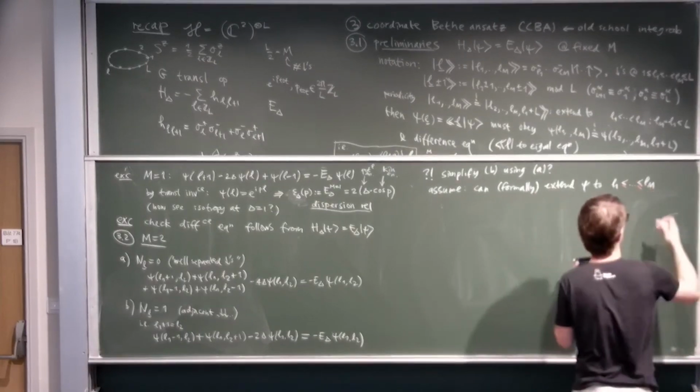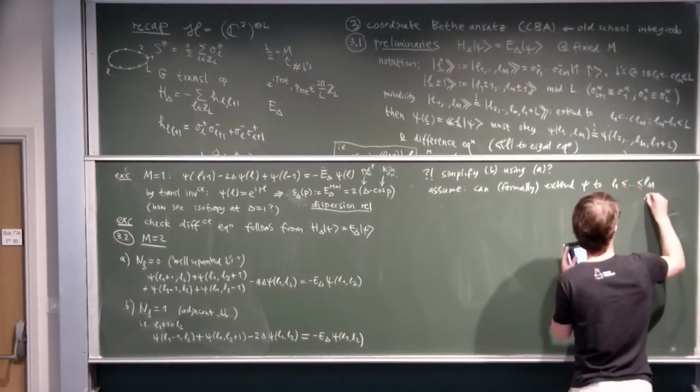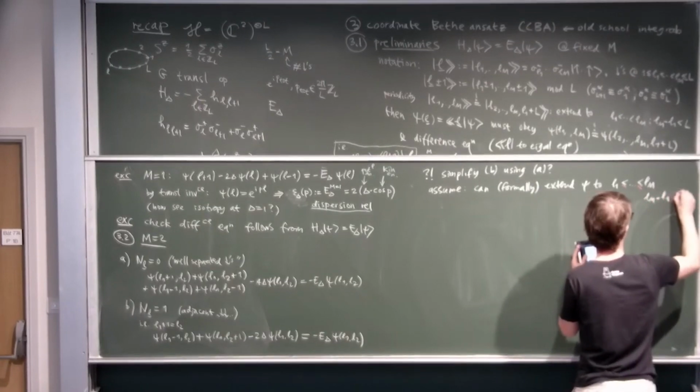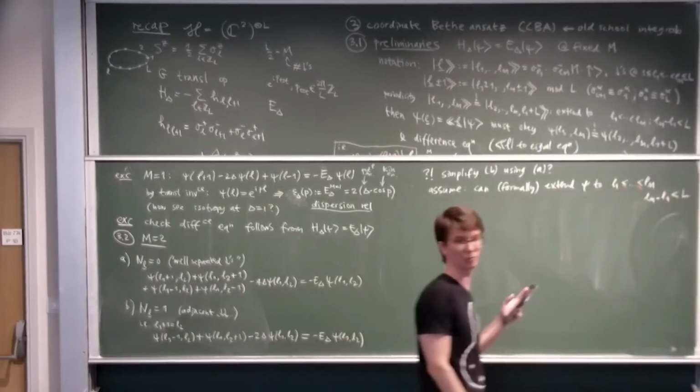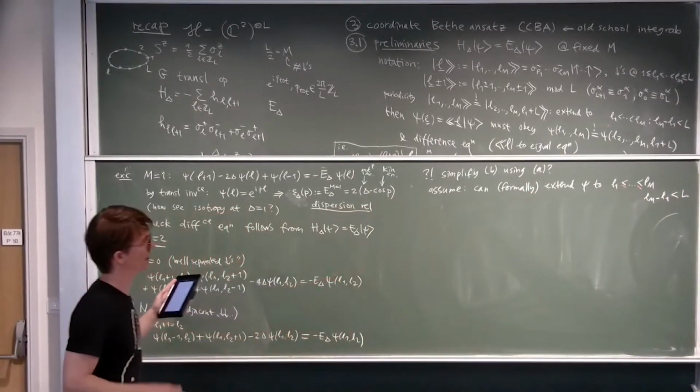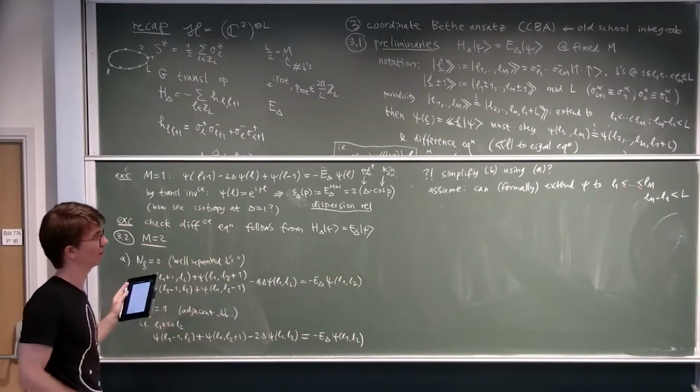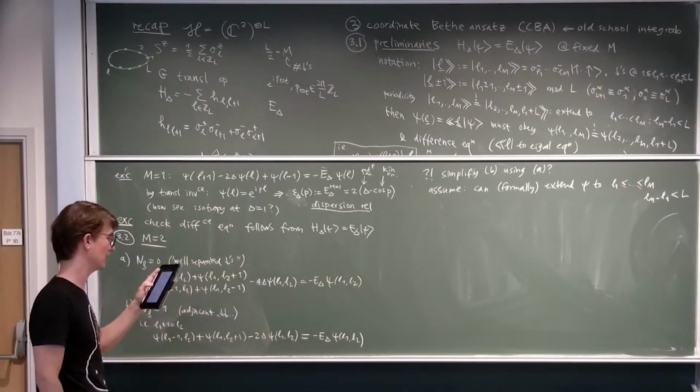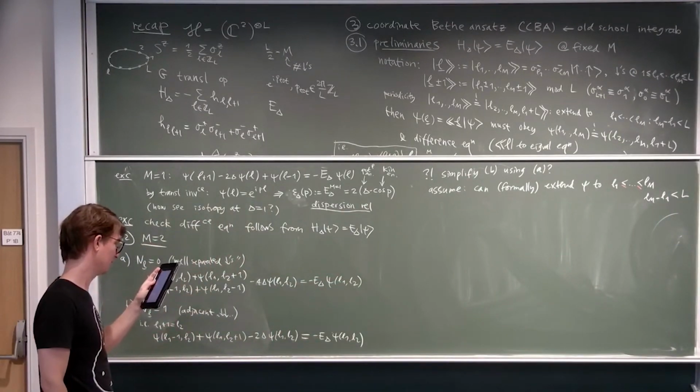Of course, we still want our restriction that Lm minus L1 is less than the length of the chain, to make sure that we cut open the chain anywhere, but we end up with a single strip of length at most L, or of length L.